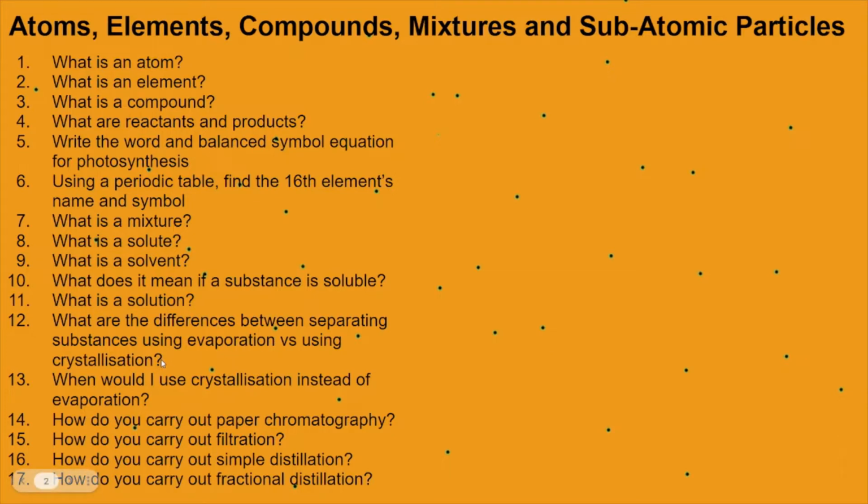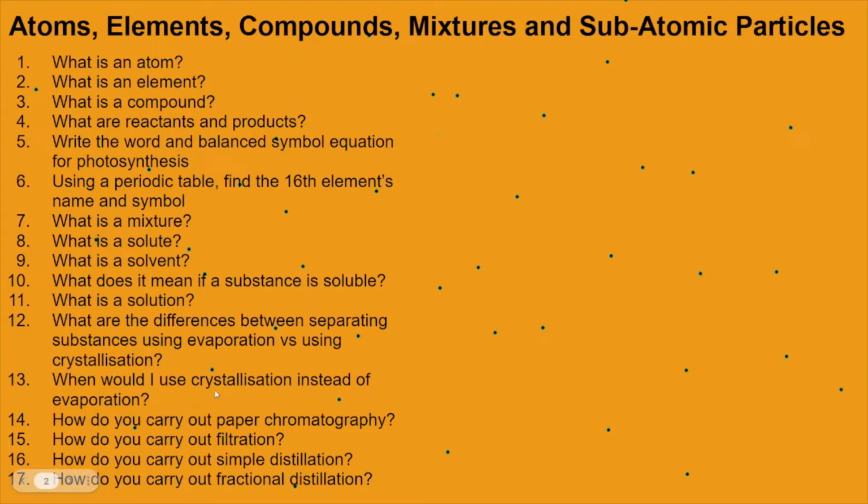Crystallization is a bit different because you evaporate some of it, but then when you see some of that salt crystals starting to form, you stop heating it using the Bunsen burner, you take it off and you leave it to cool over a few days or however long, and then the salt will become insoluble in the cold, highly concentrated environment, and you can drain off the excess solvent and you can have your crystals.